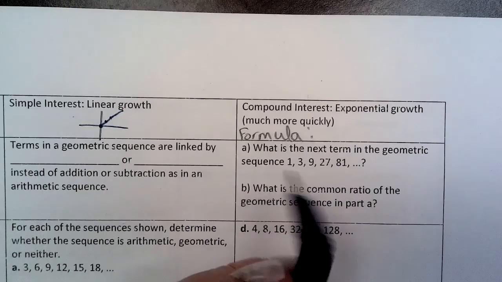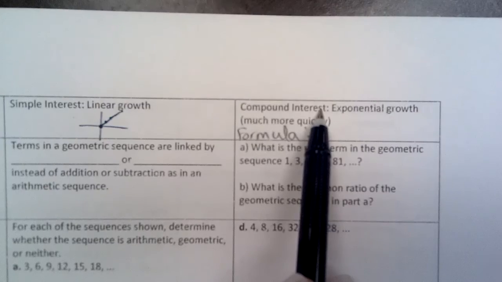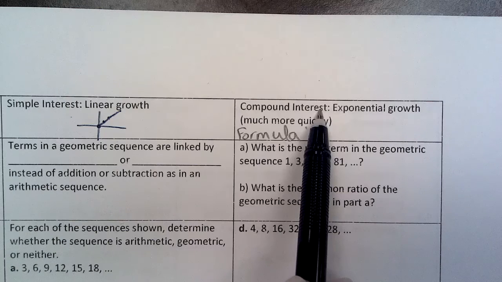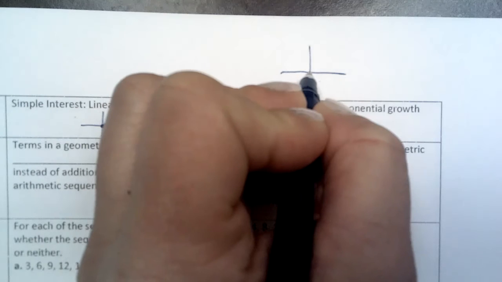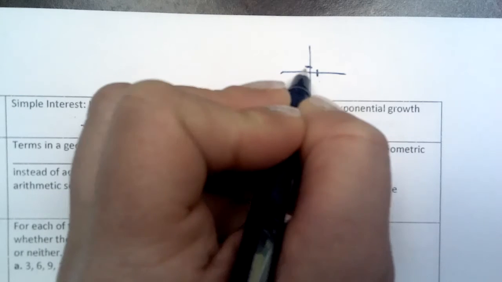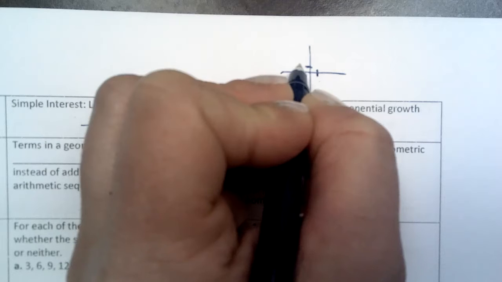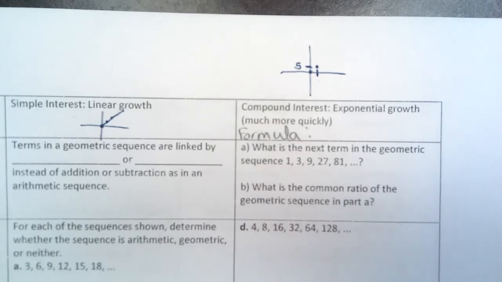However, credit cards, buying a house, buying a car, putting money in savings accounts, CDs, mutual funds, that is exponential growth. In other words, if you start working when you're 18, you get a full-time job, and you say, well, my first paycheck, I'm going to put $5 in. So I start at 0 and I put $5 in.